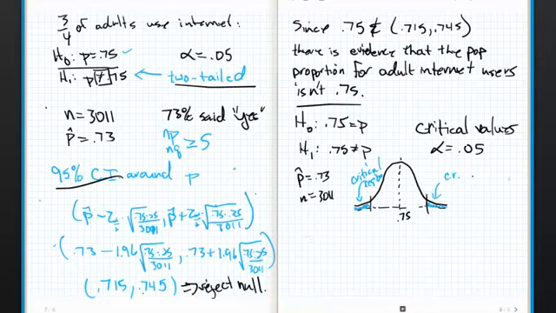The test statistic that we're going to use for this is just Z, and all that it is is p hat minus p divided by the square root of PQ over n.